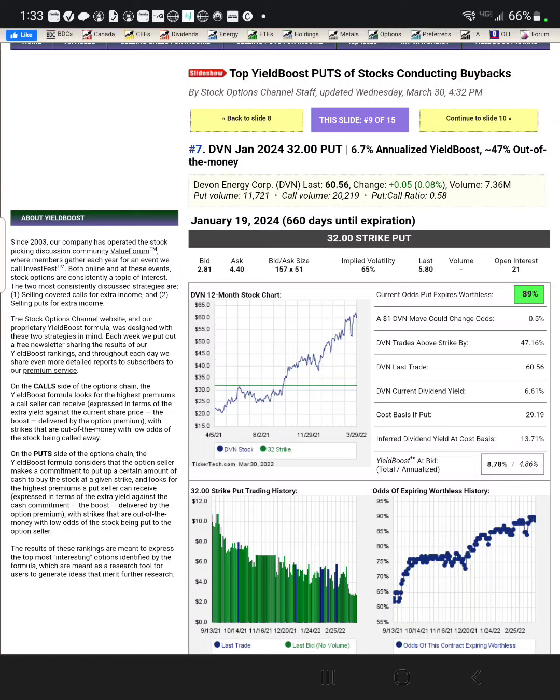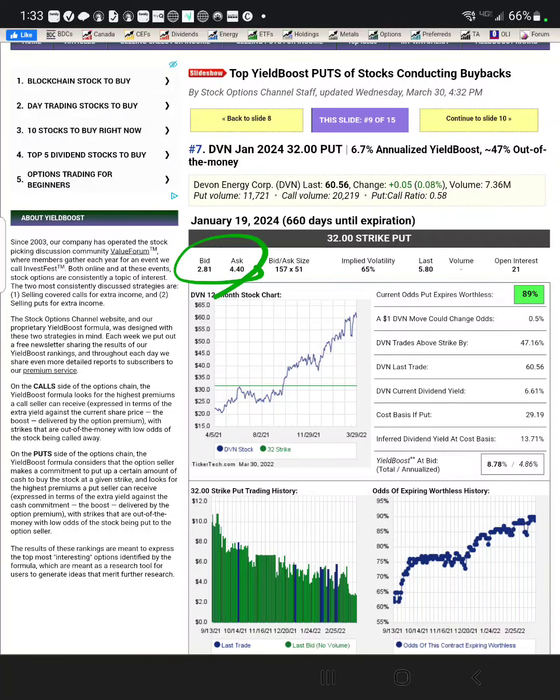If it looks good, then selling a put is definitely a good idea, because you'll be able to capture that premium. And if you've done puts before, it's like you're selling an insurance policy. You're saying that you're going to buy per contract 100 shares of this stock at that strike price, $32.